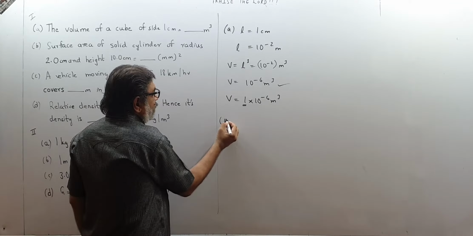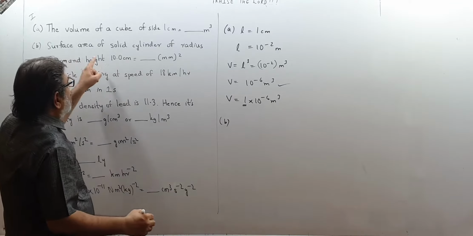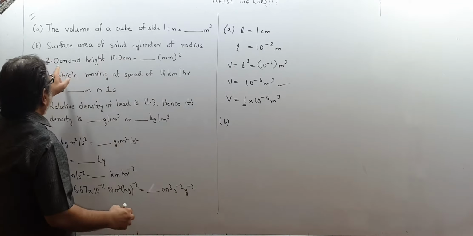Let us go for the second. Surface area of a solid cylinder of radius 2.0 centimeter. See, radius is 2.0 centimeter, and the height is 10.0 centimeter. Children, you can make out there is precision for one decimal only.